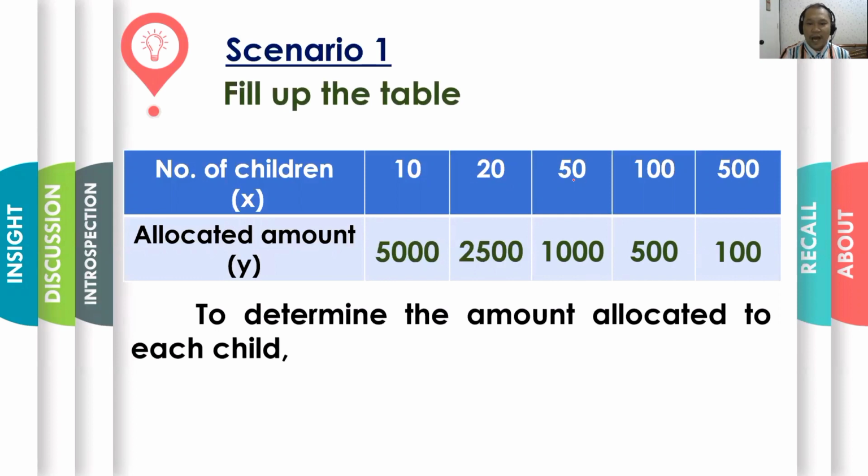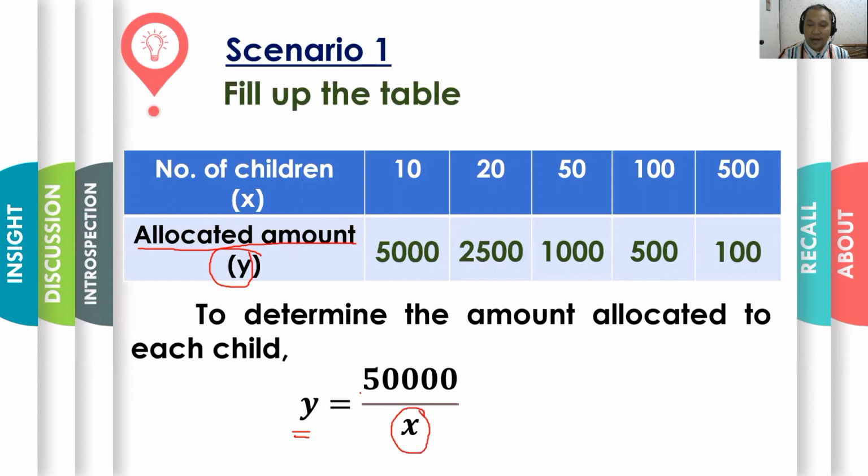Now, the question here is, how were we able to find the allocated amount for each child? In this case, since y represents the allocated amount to each child, y will be written here as our output. And the number of children will serve as our denominator.